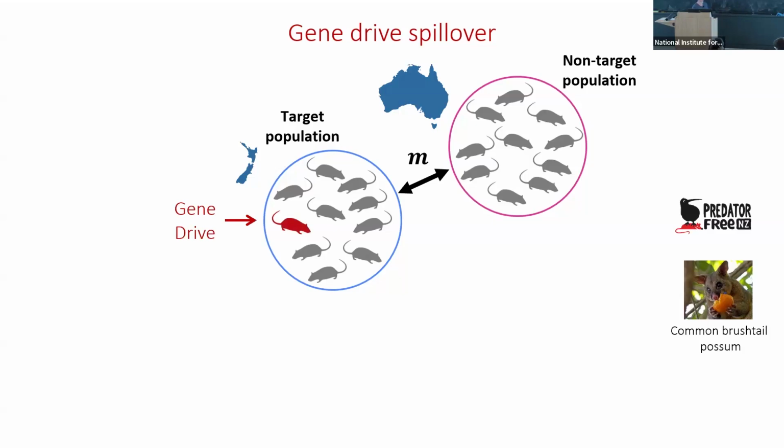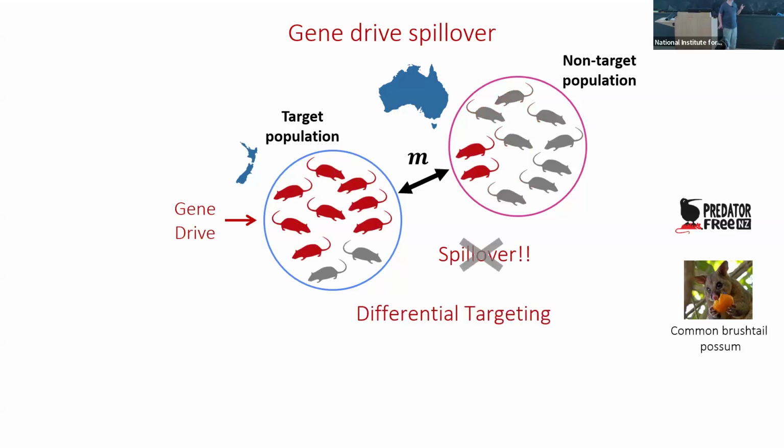So if New Zealand introduces the gene drive, we expect spread of the gene drive very, very rapidly. But because the possum managed to jump from Australia to New Zealand, it's plausible that it can jump back, and then we get a spillover, right?